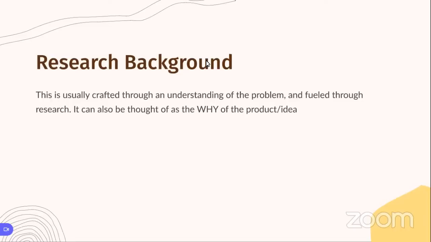This secondary research will most likely be carried out by yourself, depending on the scenario, or if your organization has a research team or your product manager. But there has to be a why. There has to be a reason.